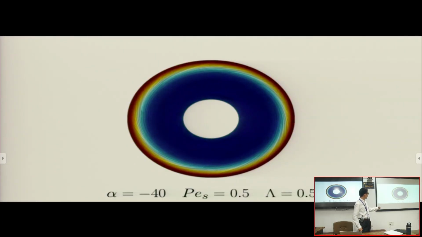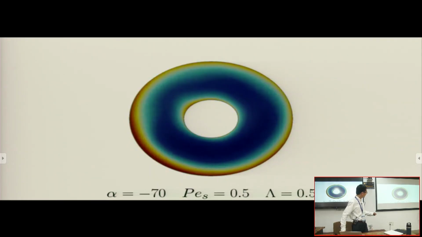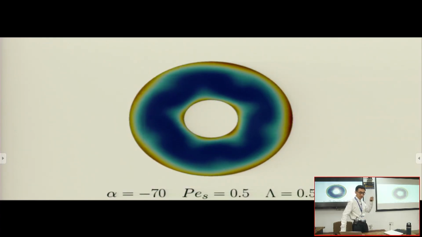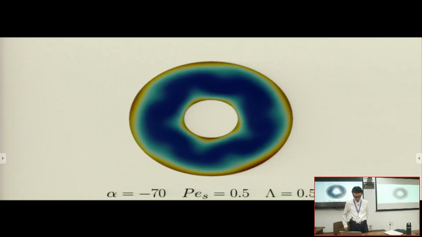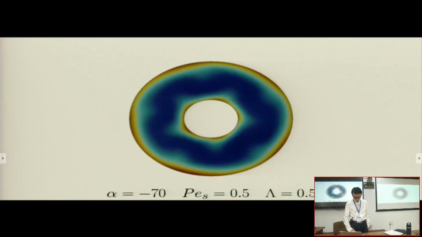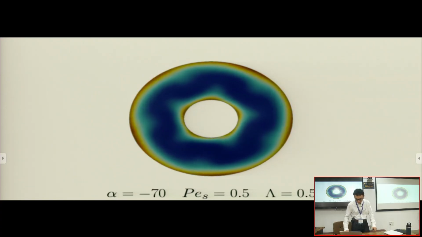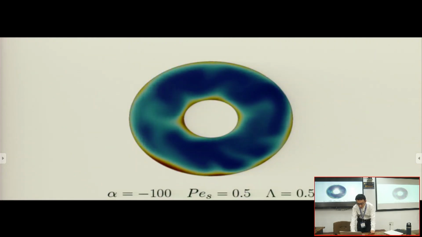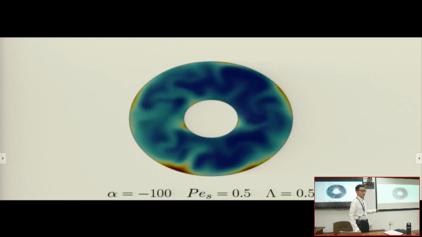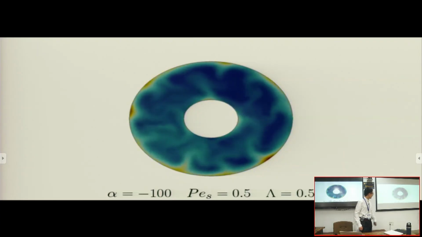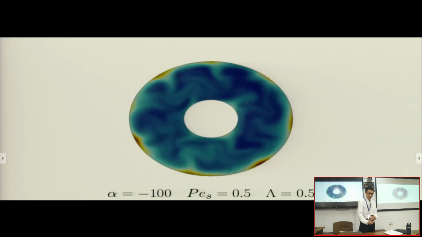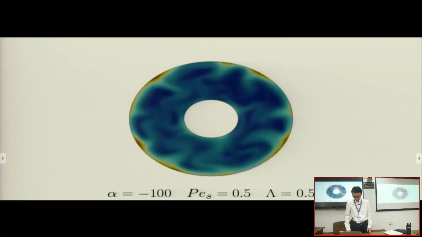So now we've increased the activity, and further increasing activity, a rotating flow develops here as it becomes more active. And if you're even more active, you're going to develop this chaotic flow once again. So that's at least visually similar to the case of the disk.